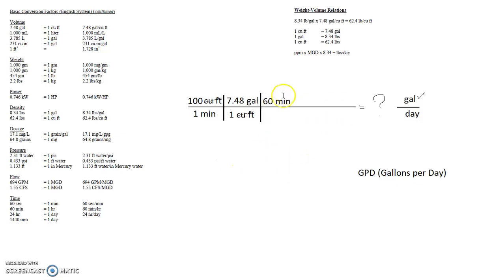There we go. 60 minutes goes on top because the minutes have to be canceling each other. One's in the numerator, one's in the denominator. That will work. The other half of that is 1 hour. So 60 minutes per 1 hour. And I know that the minutes cancel each other out.